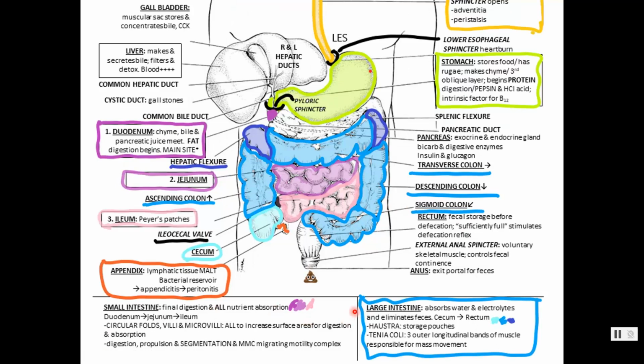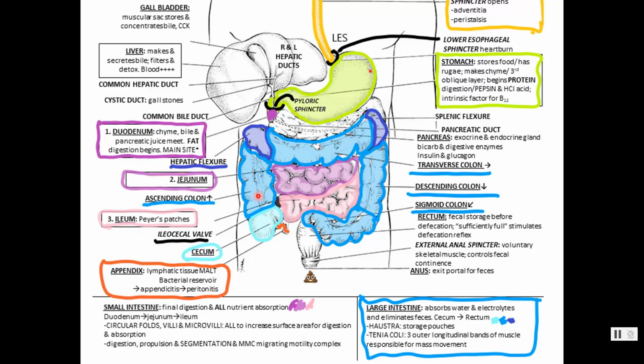The large intestine's main function is to absorb water and electrolytes and for the elimination of feces. There are bacteria that are capable of digesting our non-digestible wastes, and any monomer units that are released by the bacteria can then be absorbed through the large intestine.